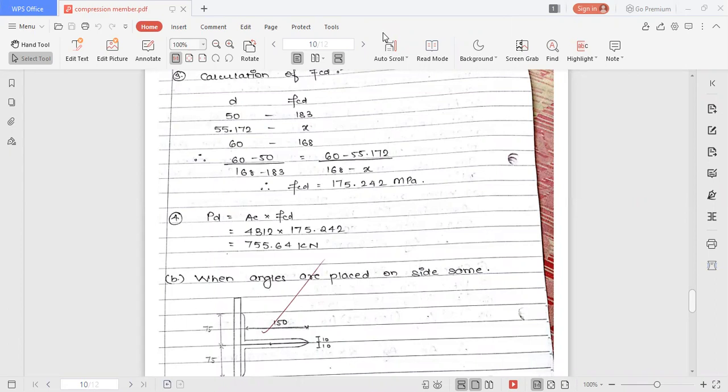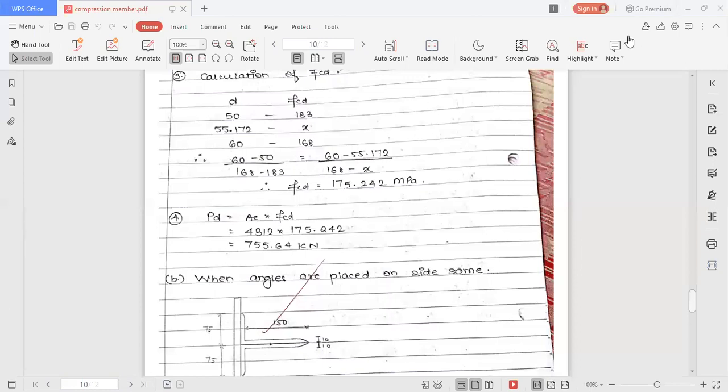So it's fine. Okay, done. Everyone had calculated the value of PD, that is the compressive strength.